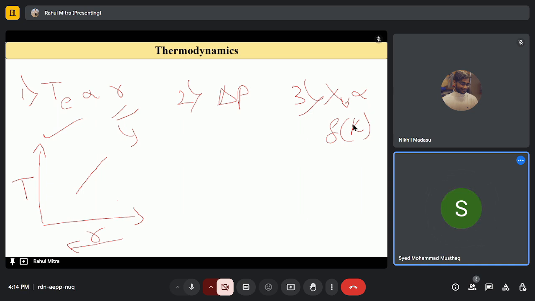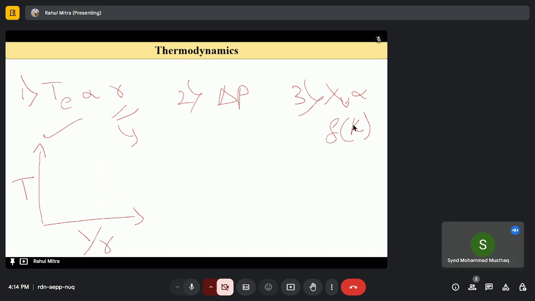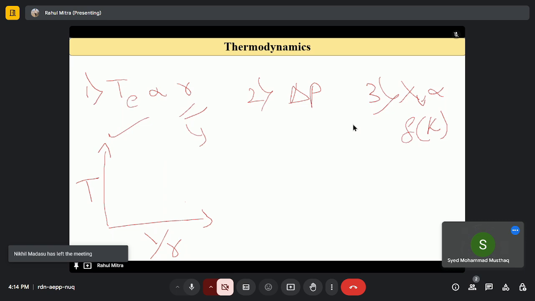I can write it like this. Instead of writing R, I can write 1 by R. So the equation should look like this. Or we got a parabola, right?